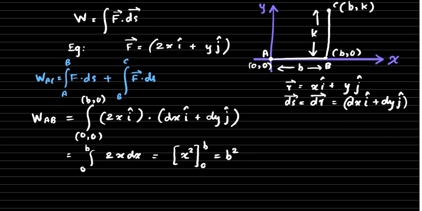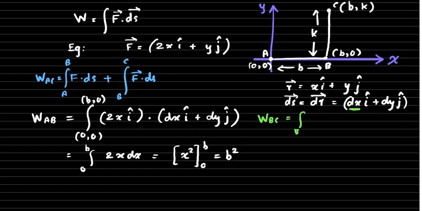By similar logic, the work done in path BC will depend only upon the y coordinate. Why? Because dx happens to be 0. So let me write down the entire expression.